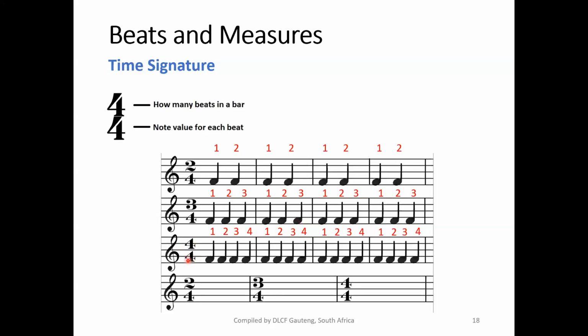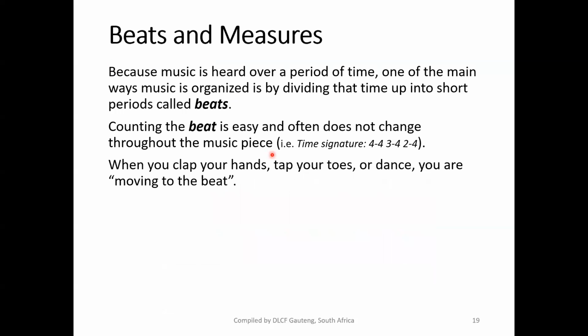Okay, so we have a 4/4. We're used to a 4/4. 4/4 is normally known as common time because most songs use a 4/4 time signature. But we'll talk about that later on. Okay, so because music is heard over a period of time, one of the main ways music is organized is by dividing that time up into short periods called beats.